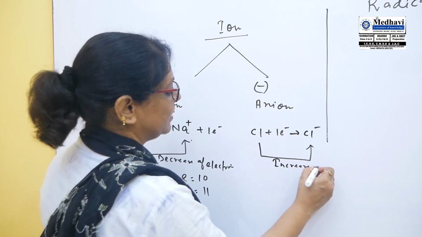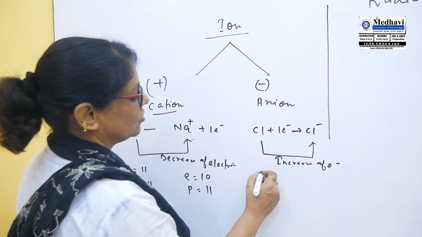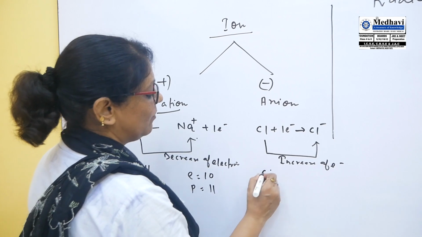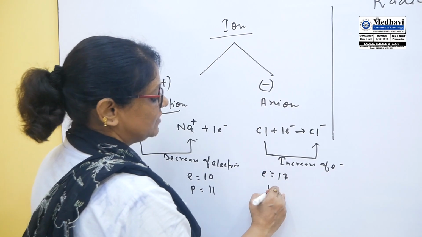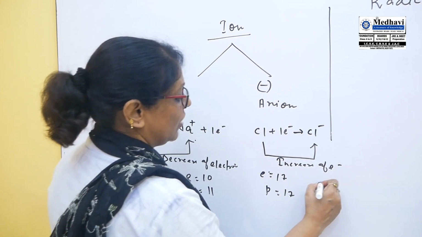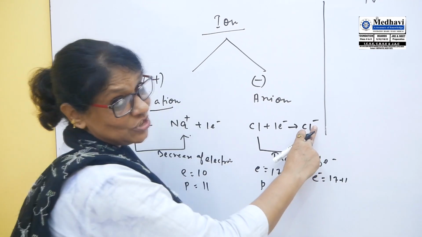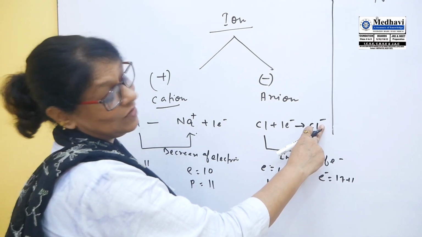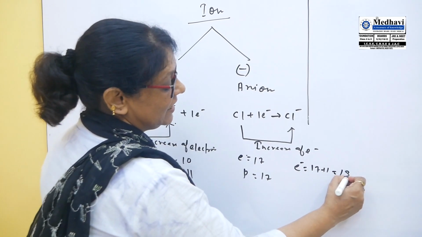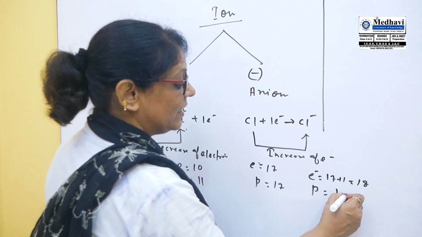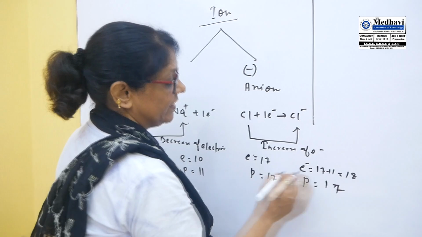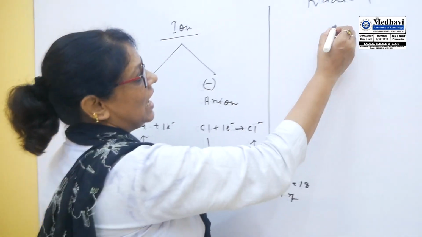This is a very important point. So we can say that the Cl atom has 17 electrons. Its protons are also 17. Now for the Cl minus ion, the electrons are 17 plus 1. As many charges, that many electrons will increase. So it will be 18 and the protons will remain the same, that is 17. Now radicals are of two types.